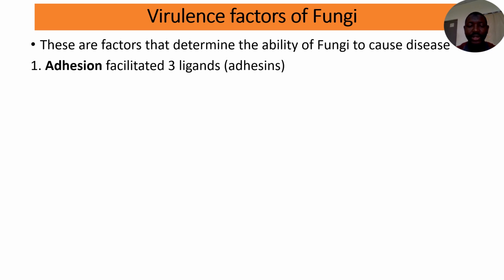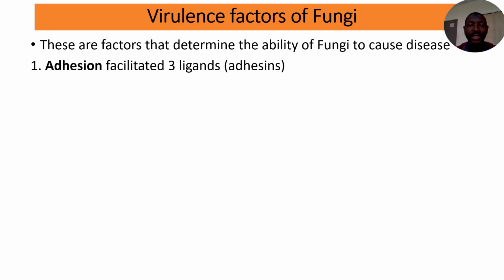In the case of fungi, fungi attach themselves to specific receptors on the host cells using three major ligands or projections on the surface of the fungal cells, which are generally called adhesins.